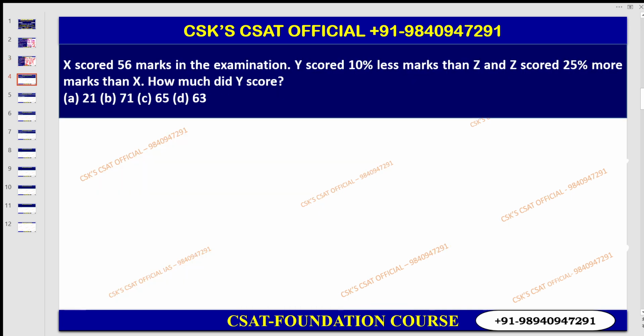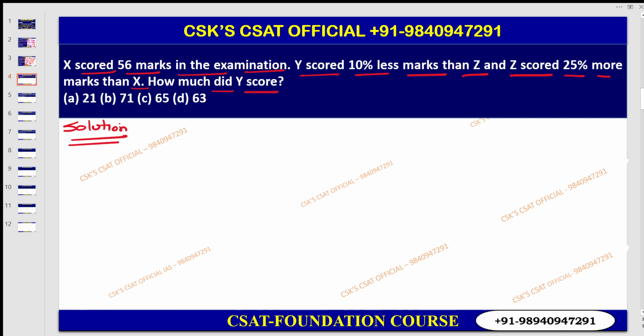Next question. This kind of conversion based question, if you see the 2024 examination, simple questions are there based on the conversion. So you must go through these things. X scores 56 marks in the examination. Y scored 10% less marks than Z. Z scored 25% more marks than X. How much did Y score?